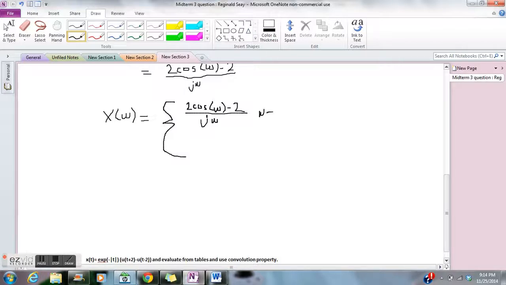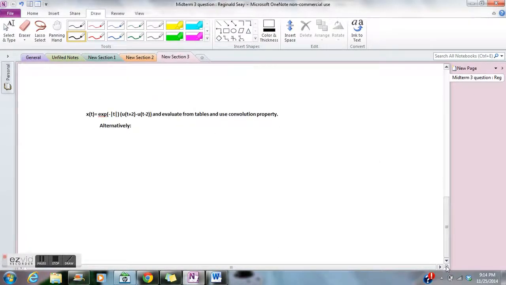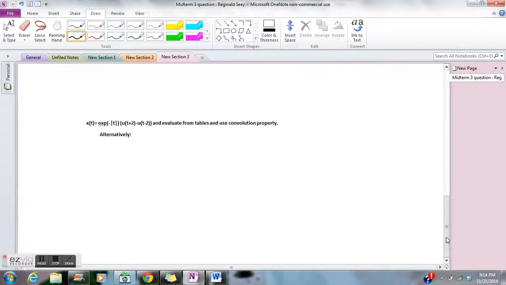From the two signals that we have, both of these x of t's with each other, the u of t plus 2 minus 2 u of t plus u of t minus 2 for this first part, and then the other one, which we're about to do now. And then it's 0 everywhere else on that interval when omega is equal to 0.